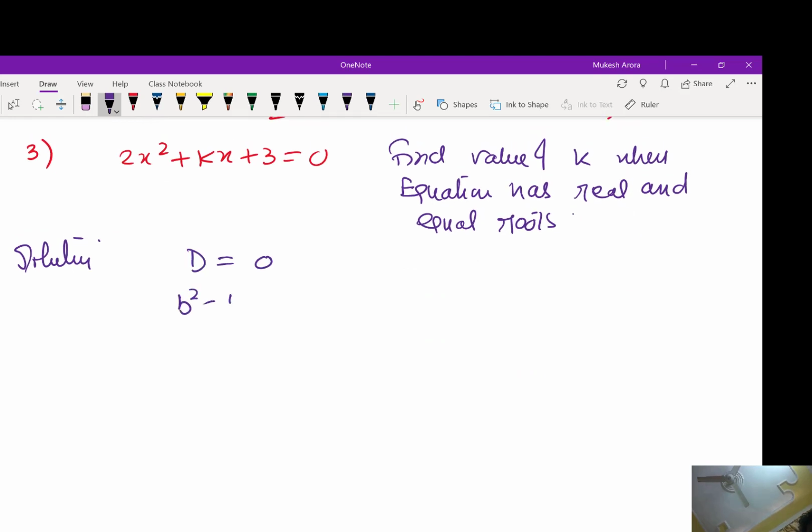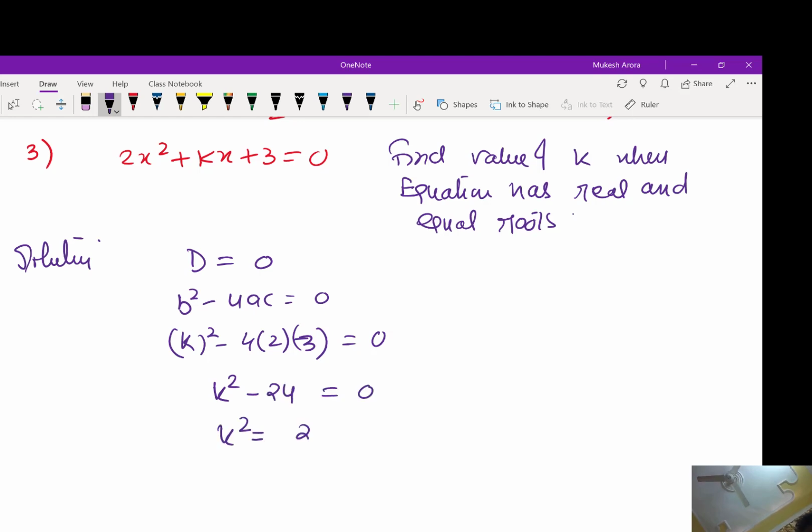That means b square minus 4ac is equal to 0. K square minus 4 into 2 into 3 should be equal to 0. K square minus 24 should be equal to 0. K square is equal to 24. K should be equal to plus minus under root 24, or plus minus 2 under root 6. Right?